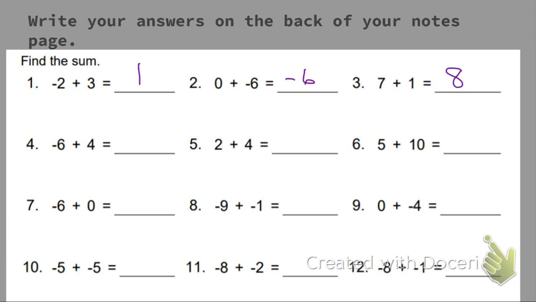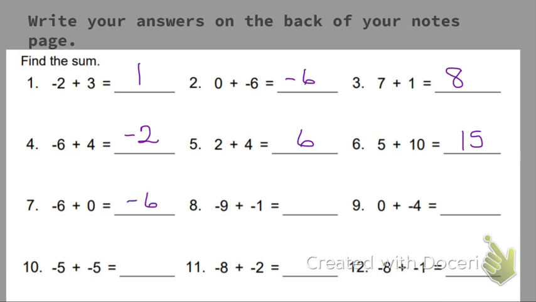Number 4, opposite signs, so I'll subtract, but the bigger number is negative, so my answer is negative. Number 5, same signs, add, and they're both positive, so my answer is also positive. Looks like the same rule for number 6, 5 plus 10, and both positive, so also positive. Anything plus 0 is just itself.